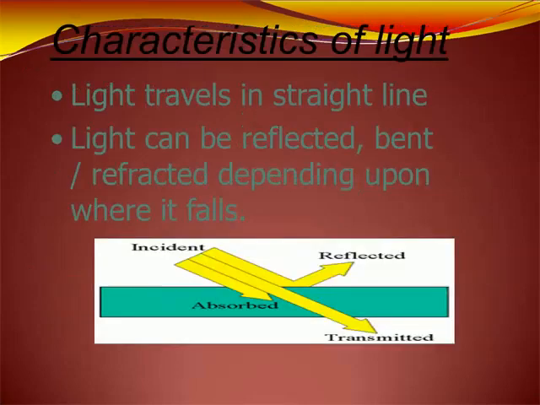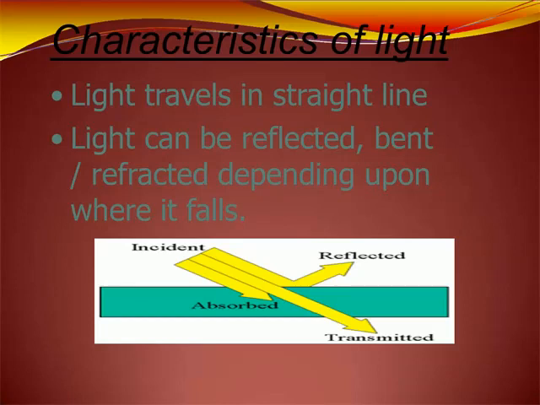Then we will move towards characteristics of light. Same thing: as we all know, light travels in a straight line, not in a curved path. But the thing is that light can be reflected, bent, or refracted depending upon where it falls.